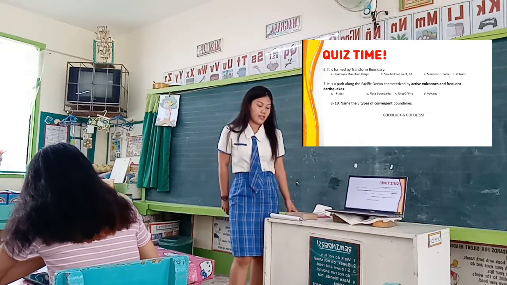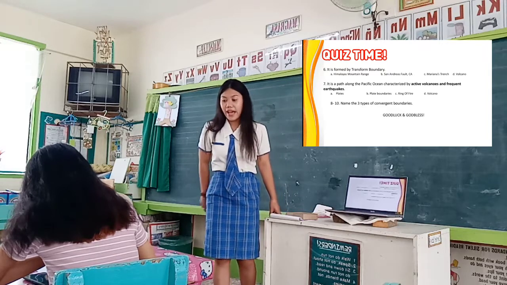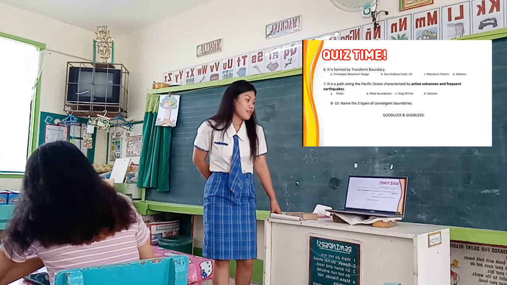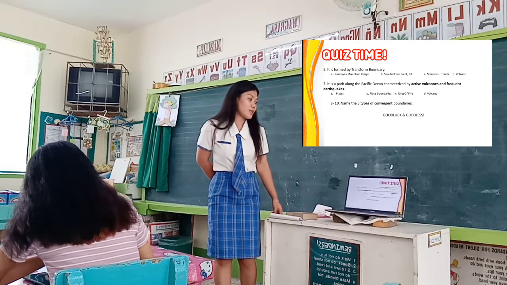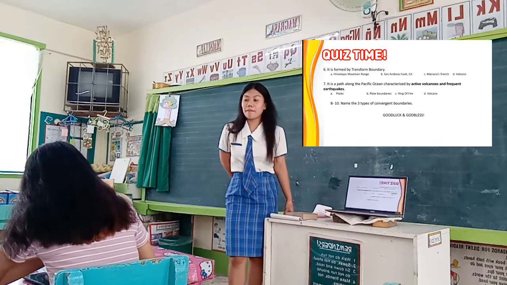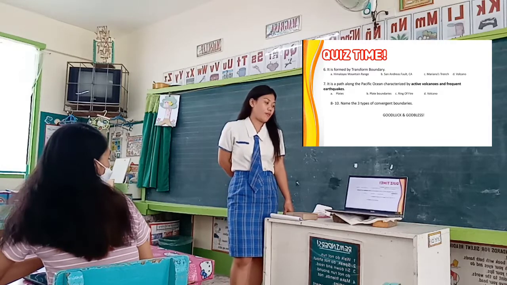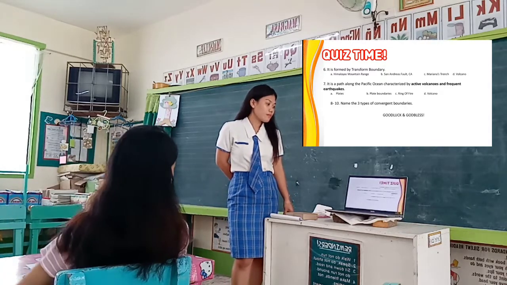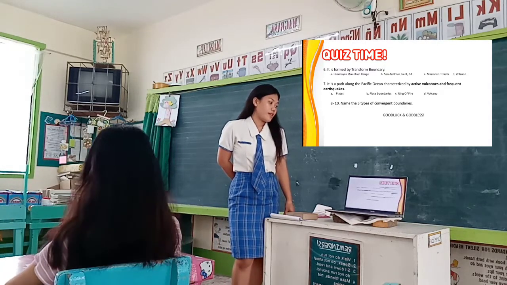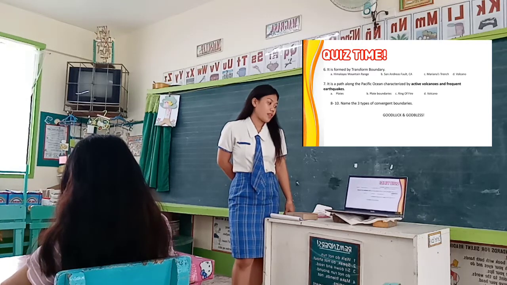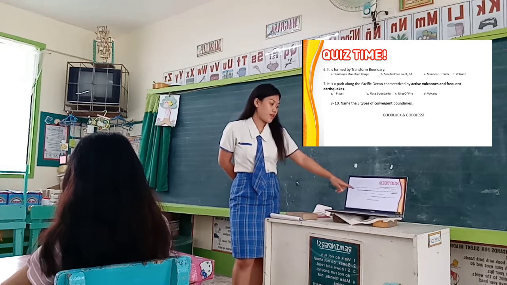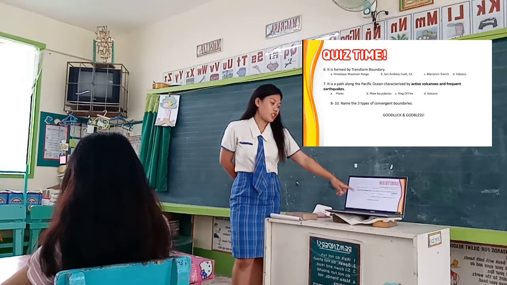Number 6, are you done with the number 5? Yes, ma'am. So here, it is number 6. It is formed by transform boundary. So what geologic event can be formed in a transform boundary? So, in number 7, it is a path along the Pacific Ocean characterized by active volcanoes and frequent earthquakes. So, sa review part natin, na-discuss natin dyan.